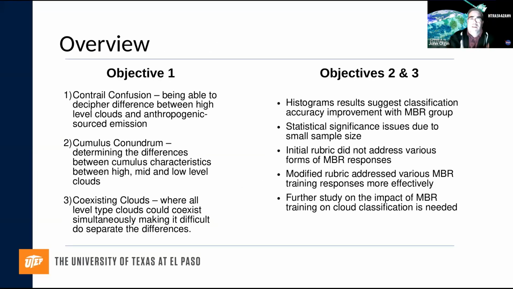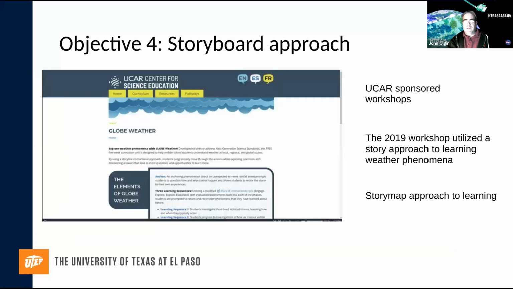And I think overall, what we get to see from the model-based reasoning group is that even though there wasn't that much difference between the traditional and the specialized model-based reasoning techniques for the training to help them with their cloud classification, statistically significant at least, there were some interesting things that I was able to take away, and through further discussion after the research, I think might be useful for us when we go out and use this when we teach.